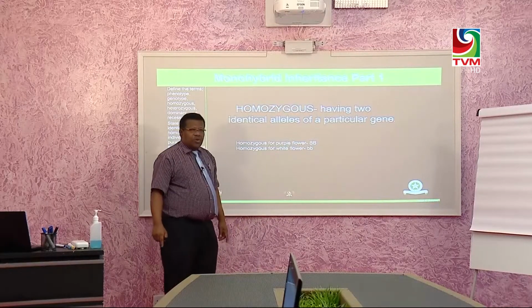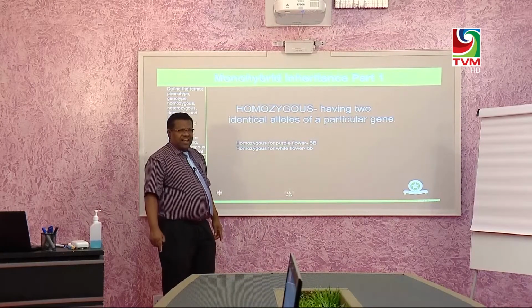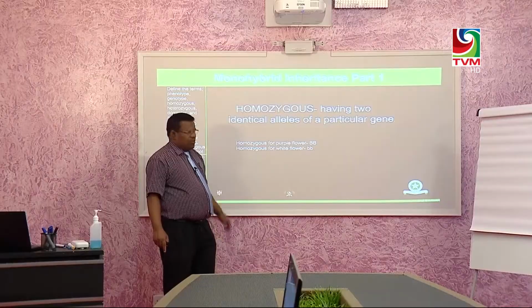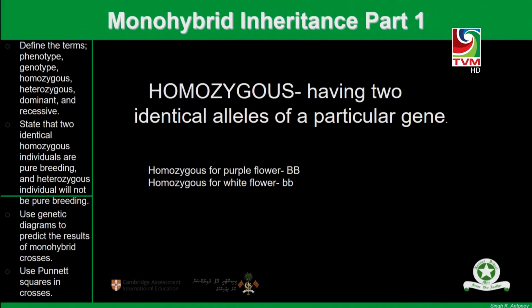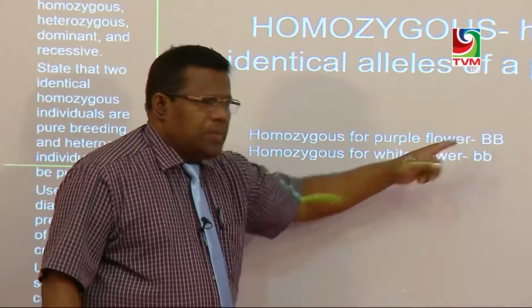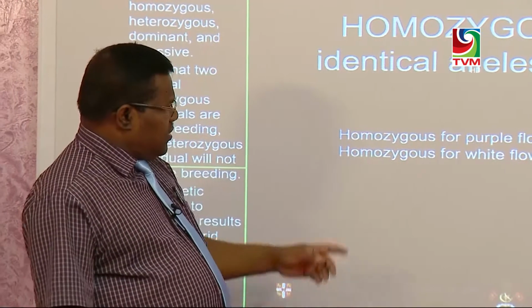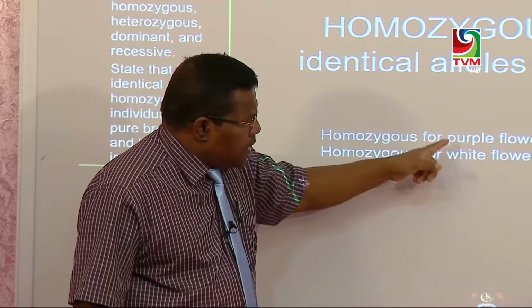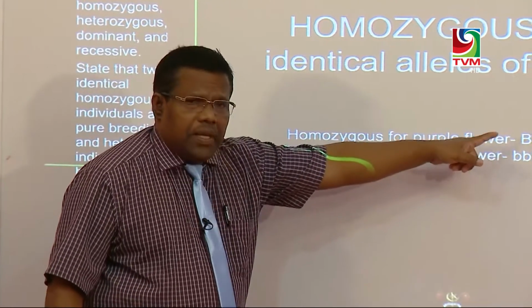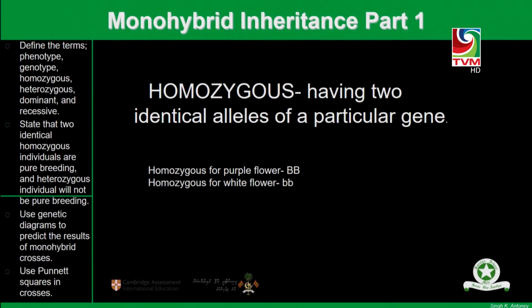So whenever you hear homozygous in your genetics class, you are supposed to represent that character by means of two similar letters, either capital or small letter. So here, homozygous for purple flower, capital B, and homozygous for white flower, small b.